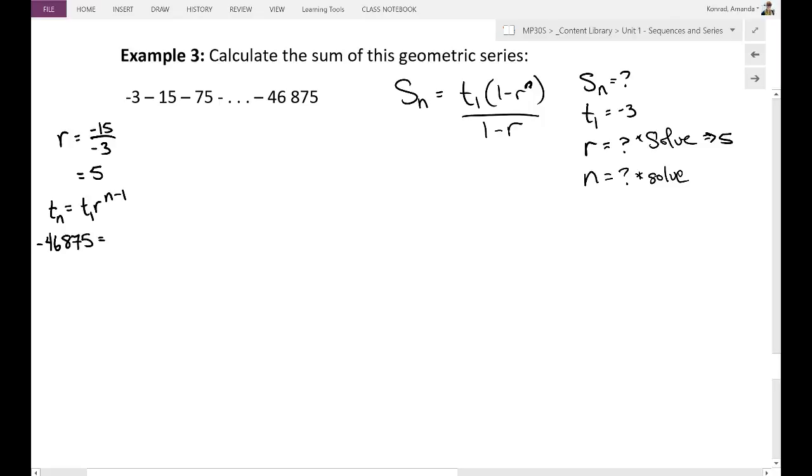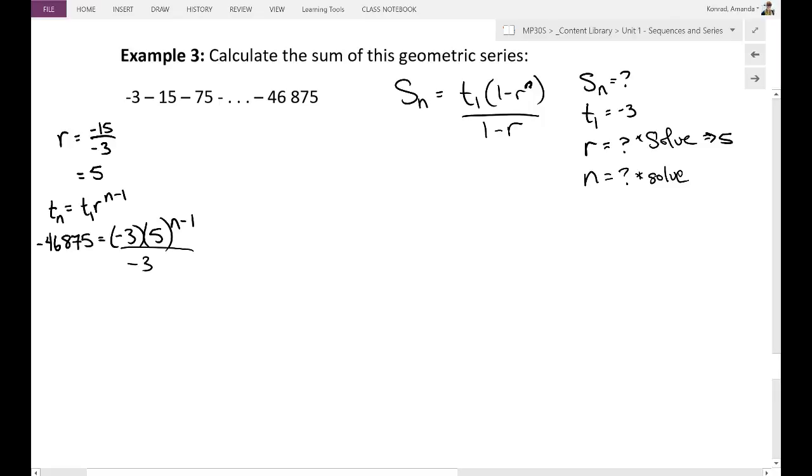We do also have the ability to plug in term 1. R, we do know now. We just solved for it. 5 to the power of n minus 1. So we want to get that -3 out of here as quickly as possible.